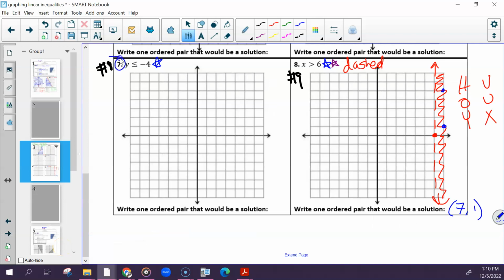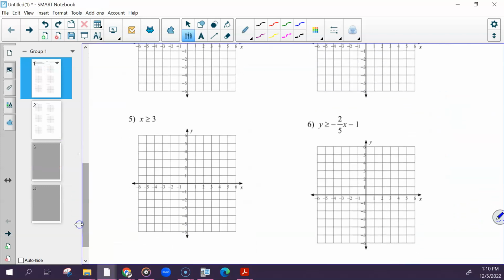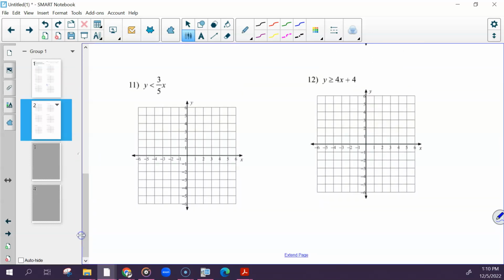Any others? 6 on this page, on the last page. Okay. Any others? 11. Okay.